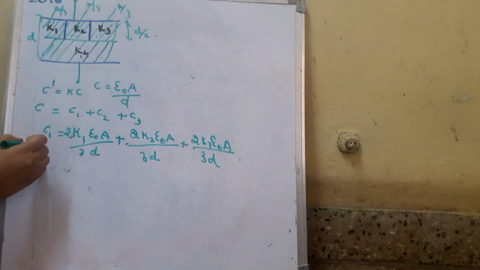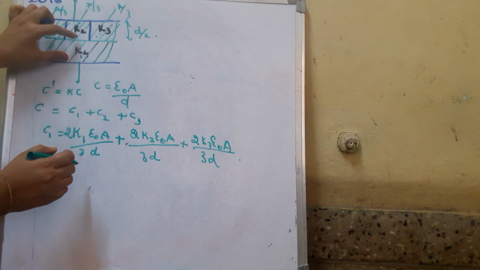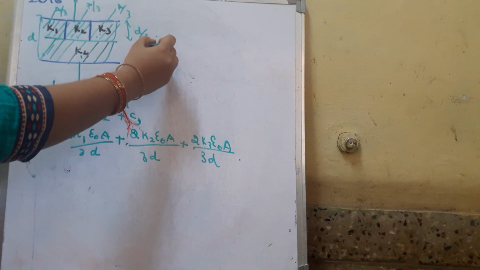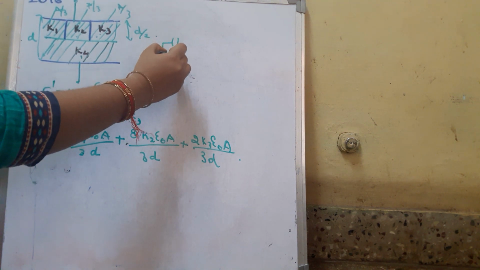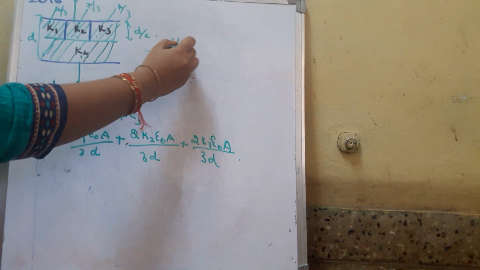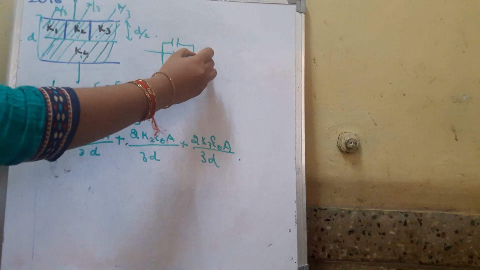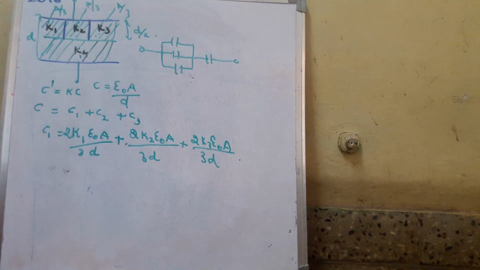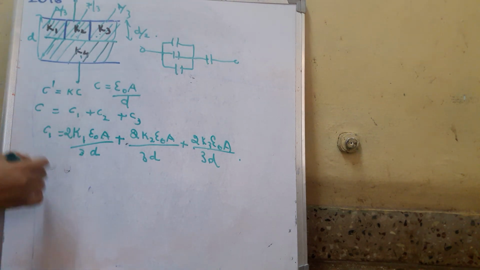So this capacitance will be in series with this capacitance. In another form, if I draw the diagram, I can draw something like this. These 3 are in parallel and again in series with the final one. Can I say that? Yes. Now what will be the total capacitance?